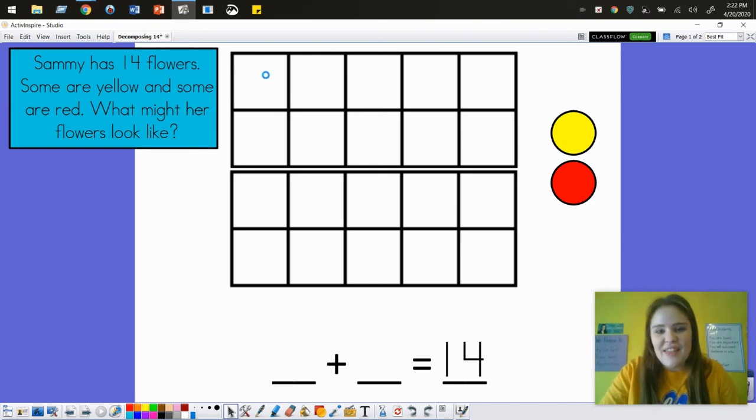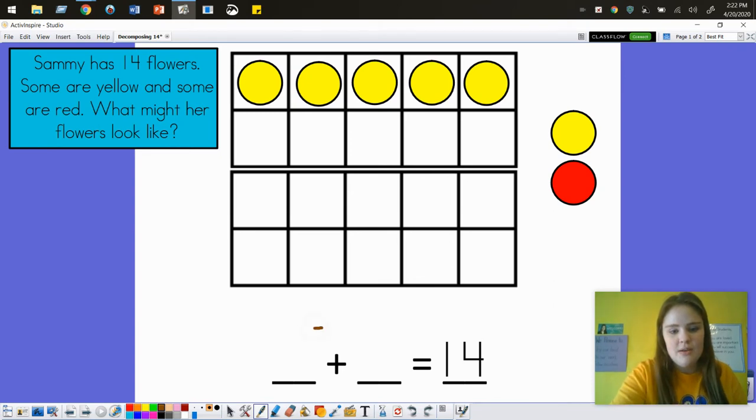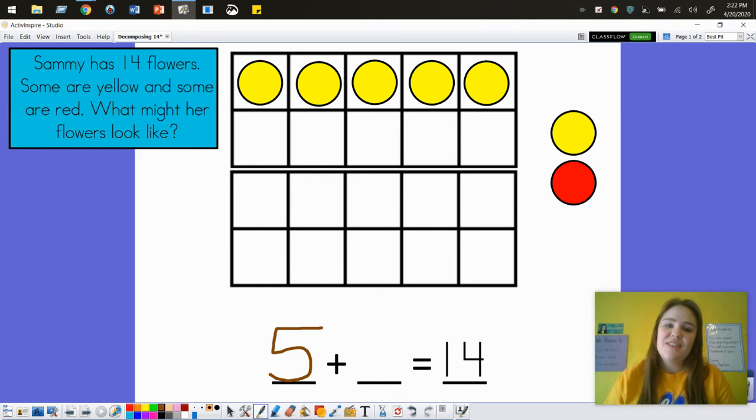Let's start adding yellow flowers. We need to make sure that it gets all the way up to 14 with both flowers. But just for yellow, we can do however many we want. And I think I'm going to start with 5 yellow flowers. Did any of you say 5? So then I'm going to try to write this with my finger. Oh, not too bad. I'm starting with 5 yellow flowers.